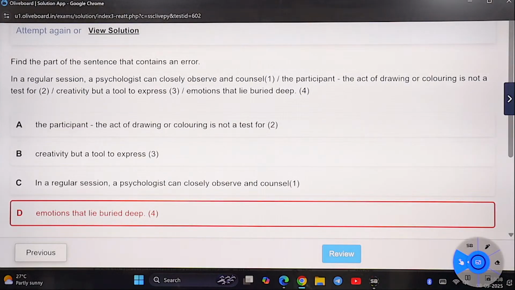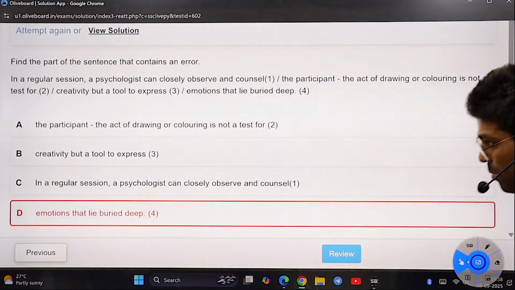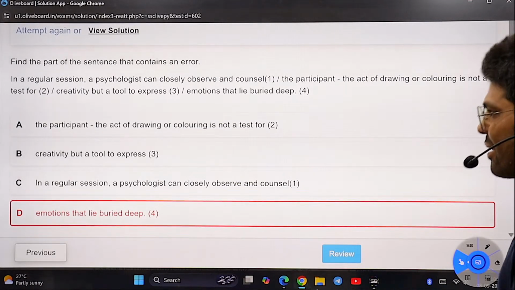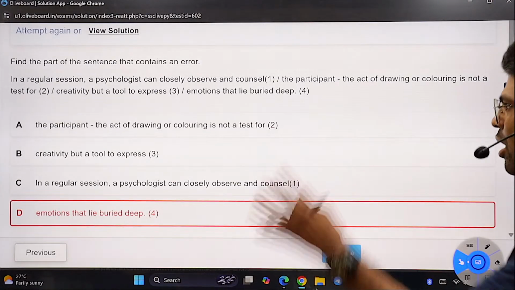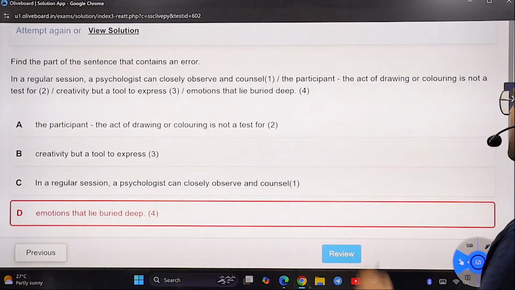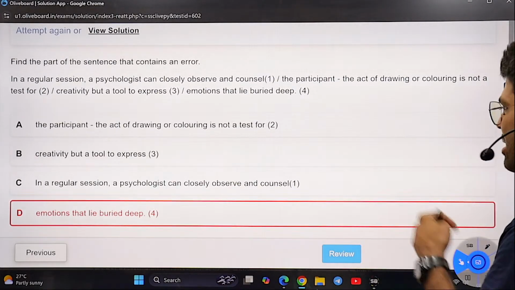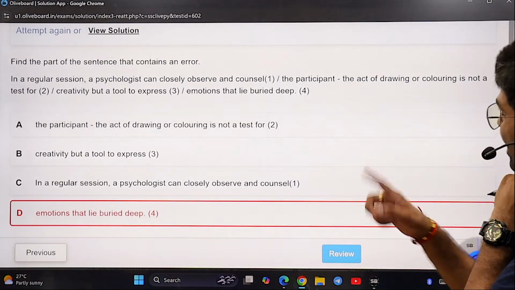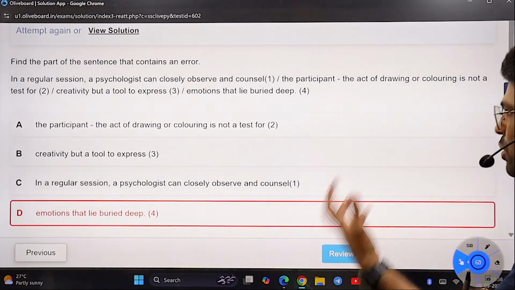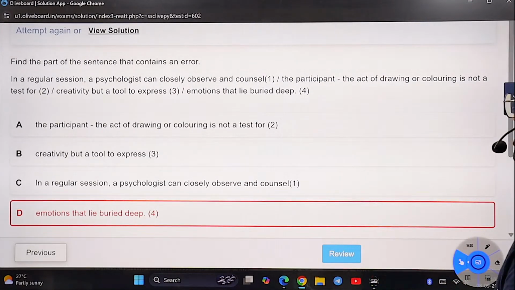I did the same, but the description given and the answer given is a bit unacceptable. See, in a regular session, a psychologist can closely observe and counsel the participant.